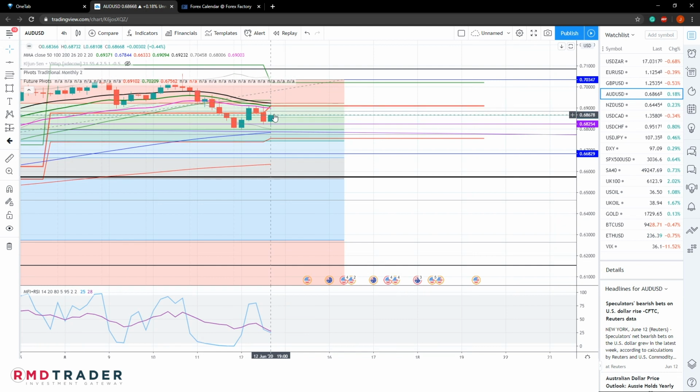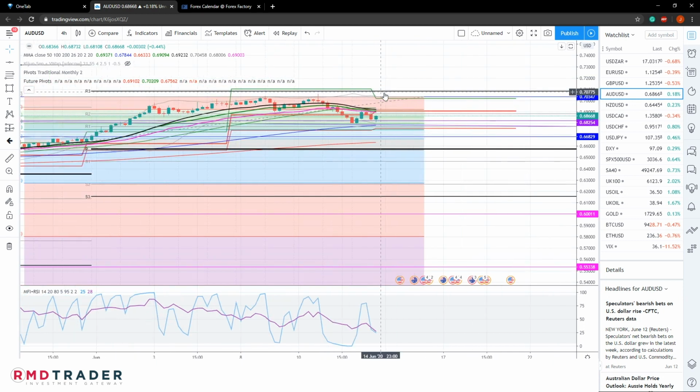That will also coincide with this 20 SMA on the 4 hours. So that will be our immediate area of overhead resistance, with the next area of resistance being our previous high, and that will also be our previous top of range at around 0.70. That would be our area of overhead resistance.